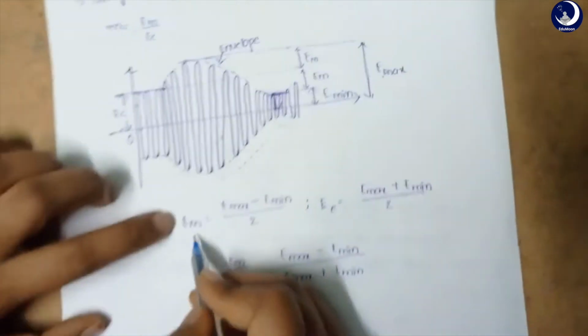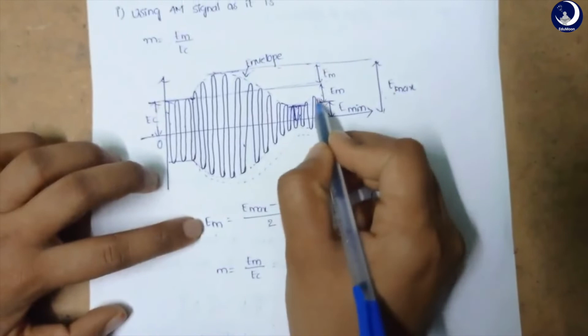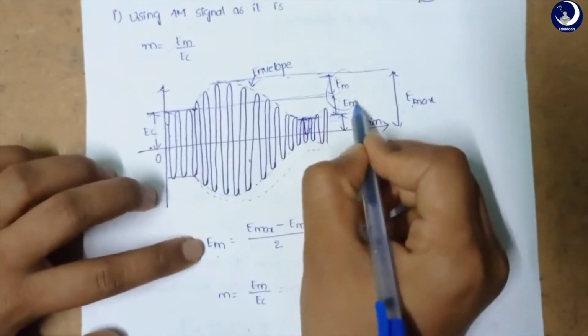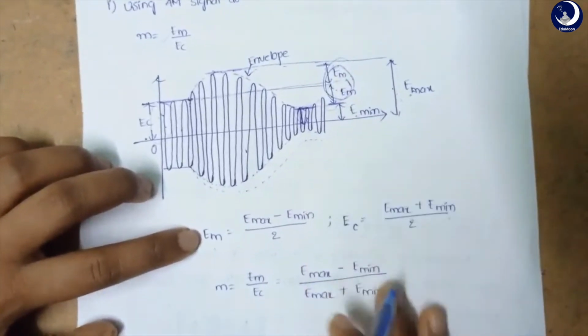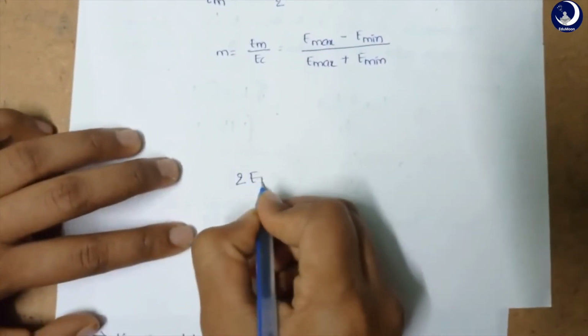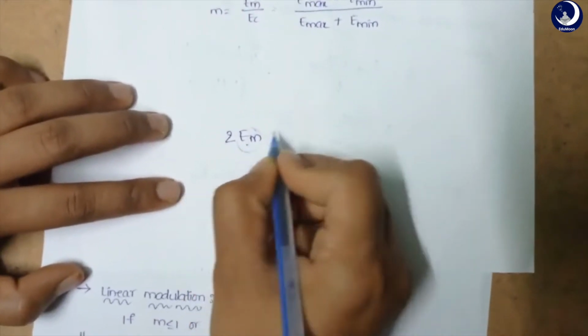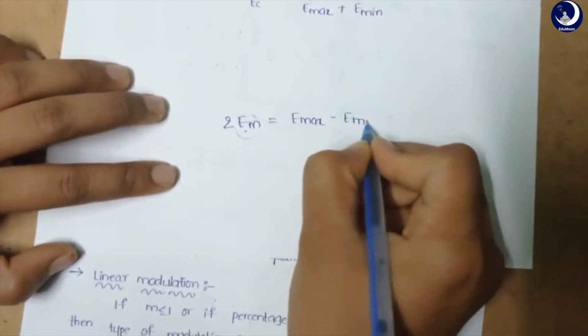Let's see. Here this is 2 Em, from here to here is 2 Em. So 2 Em, the amplitude of the modulating wave, is equal to E max minus E min.